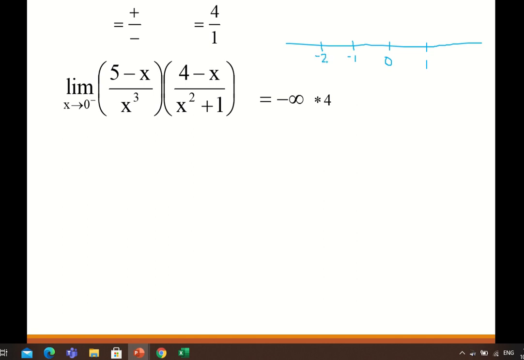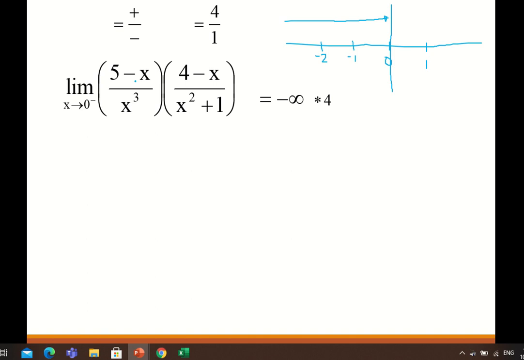And x approaches 0, so we are referring to this number here, which is 0. All values from the left going towards 0, approach 0. So we can expect that this is negative. If this is negative, you cube that one, that is still negative. If this is negative, you square that one, positive, but since this is multiplied by negative, you will get a negative result.